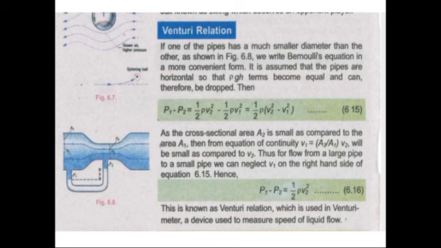Again the same diagram: the area of this side is larger as compared to the area of this side. So when a fluid enters from this higher area to this lower area, its speed increases but its pressure decreases. With the help of low pressure, the fluid enters into a duct.